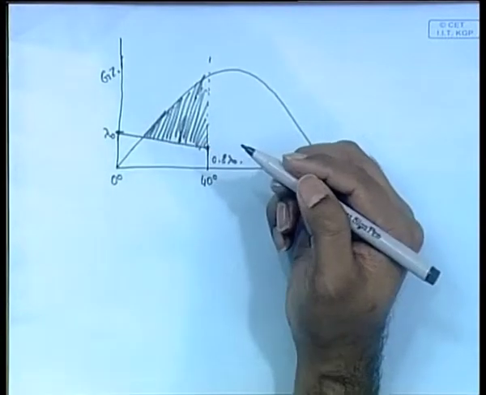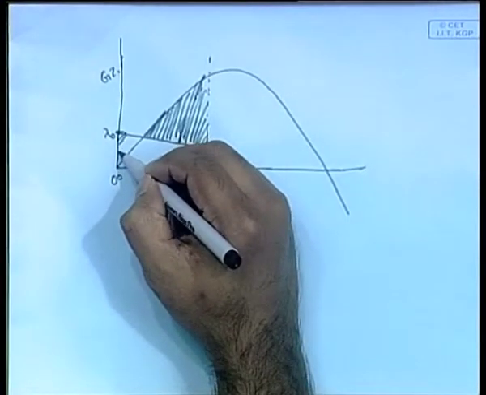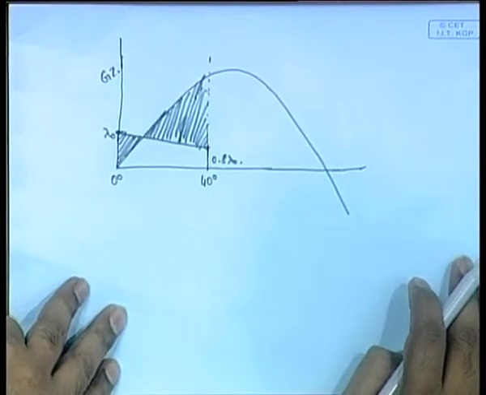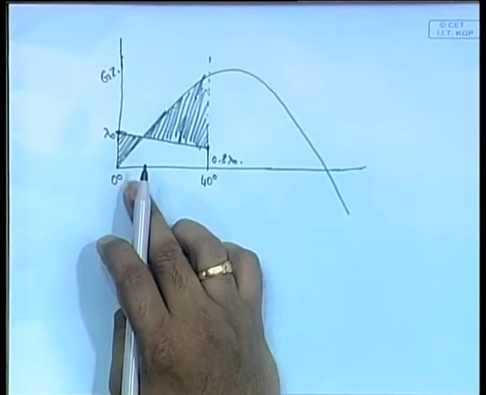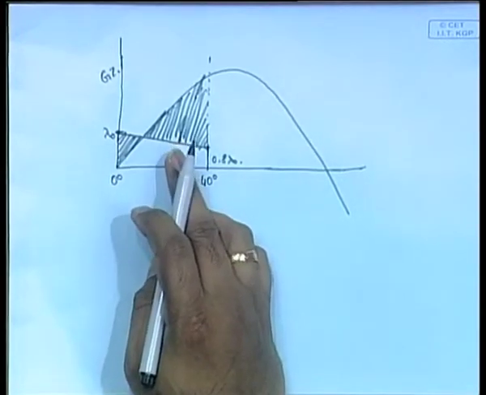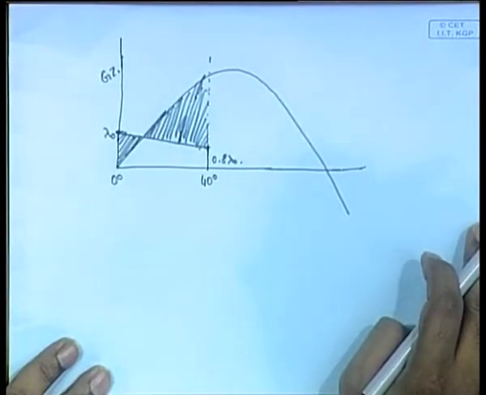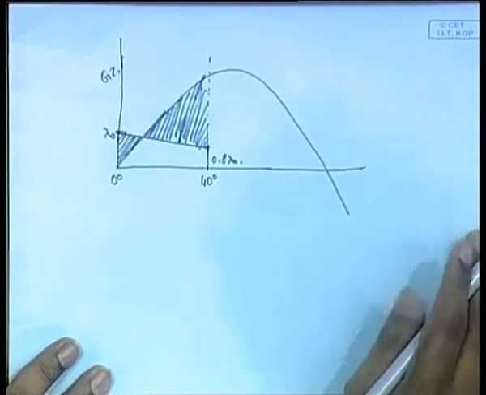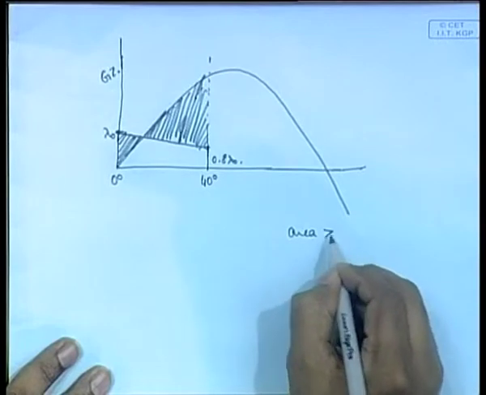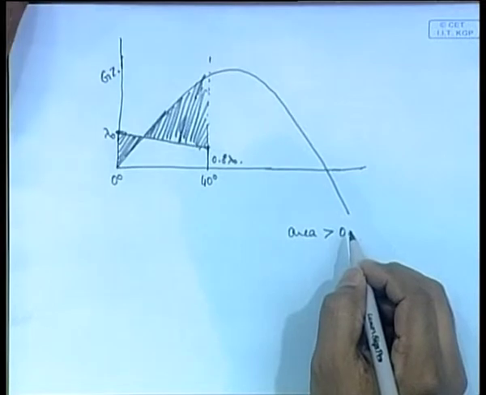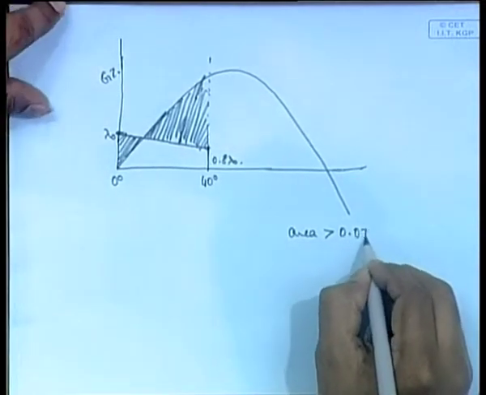So, this is the total area between the healing arm and the righting arm curve. This total area is what you have to find out, and this area should be greater than 0.075 meter radians.